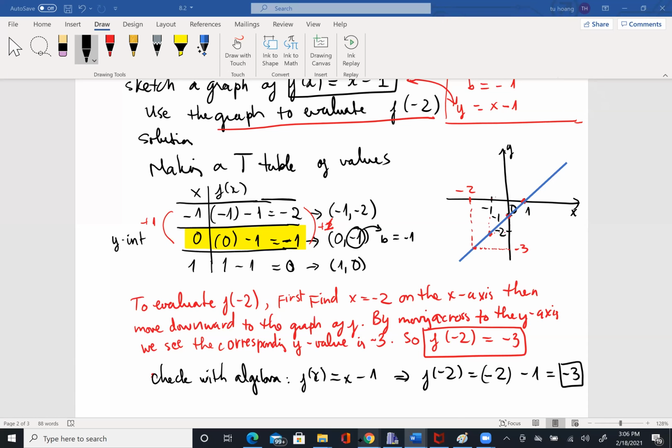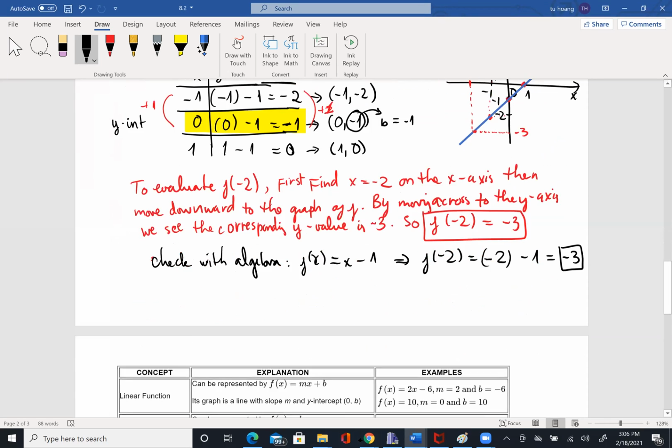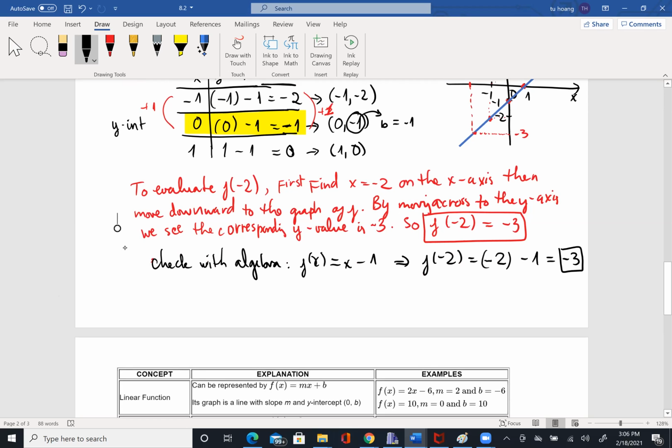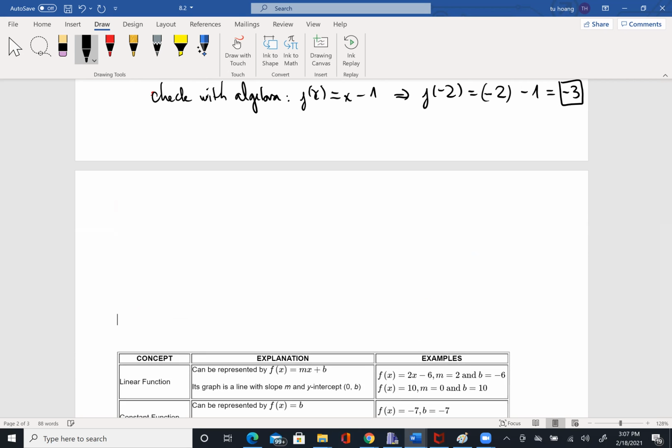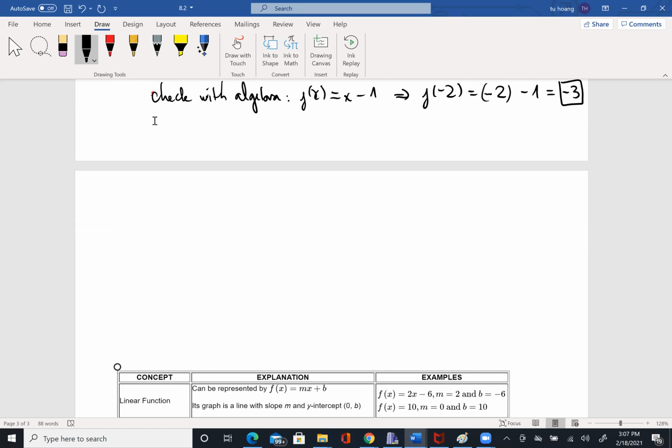Okay. Let me move to modeling data with a linear function.